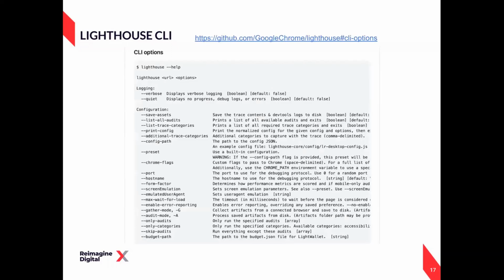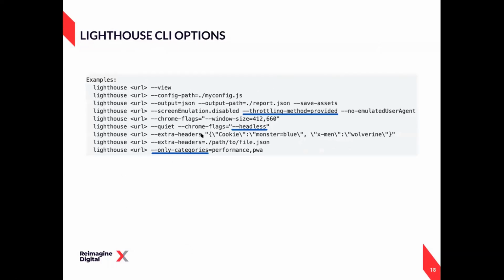You can, for example, fine-tune your audit based on your needs and exclude any of the options or sections that you saw before, like those main 5, as well as run Chrome in headless mode or specify the window size.